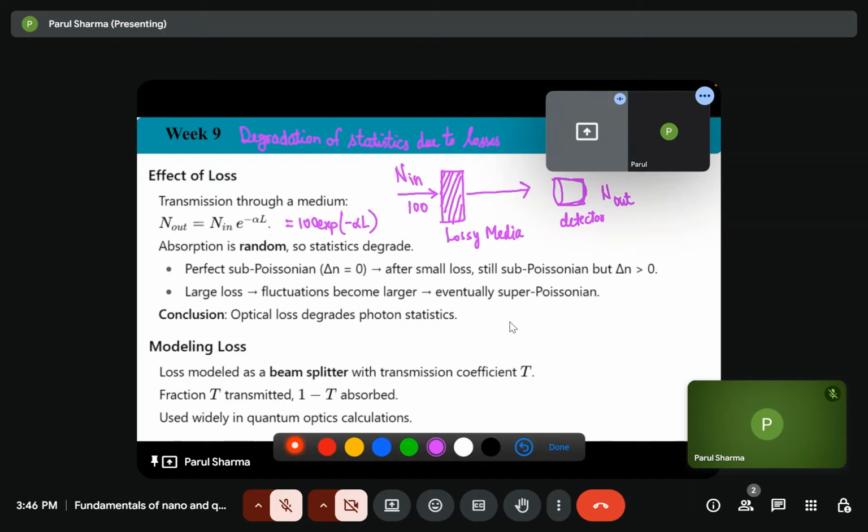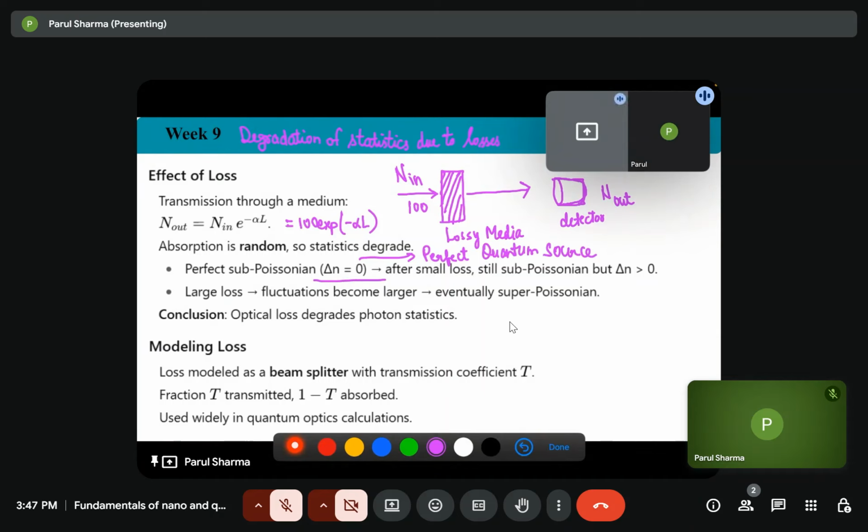So in case of perfect sub-Poissonian, that is when there are no fluctuations and the standard deviation is completely zero, so for perfect quantum source, delta n equals zero.